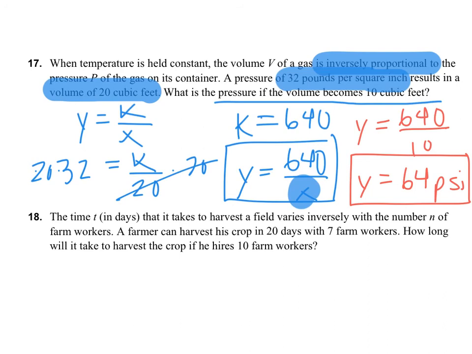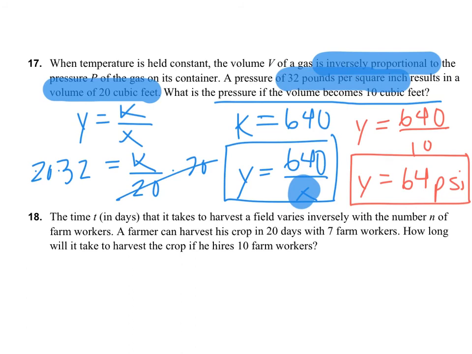Okay, seems complicated at first, but it really is pretty simple. So again, just to recap what we did: inversely proportional told us we're using the inverse formula. Just like the problems above, we use the values that they give us to find the constant. Just remember which one is which.